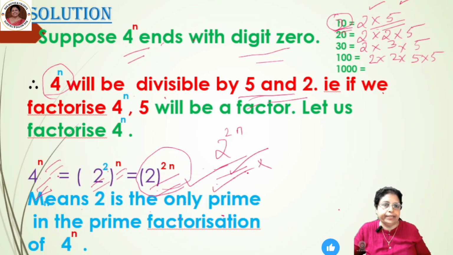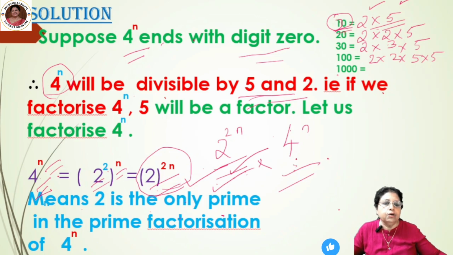Since 5 is not a factor, 4 raised to n cannot be a number ending with 0. That means 4 raised to n will never end with 0, and we cannot find an n such that 4 raised to n ends with the digit 0.